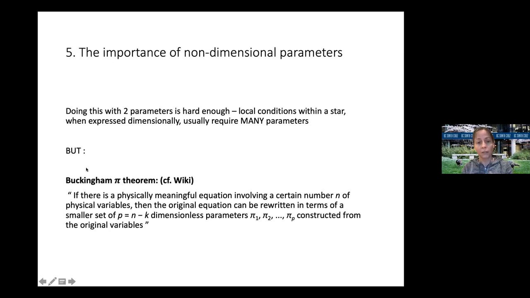But the saving grace is the Buckingham Pi Theorem, which tells you that if you have a set of equations involving a number n of physical variables, and k dimensions, then the original equations can be rewritten in terms of a smaller set of n minus k dimensionless parameters, which are constructed from the original variables. So this is a formal mathematical theorem that tells you can always reduce how many parameters you have by going dimensionless. And it further tells you what k is depending on your system.